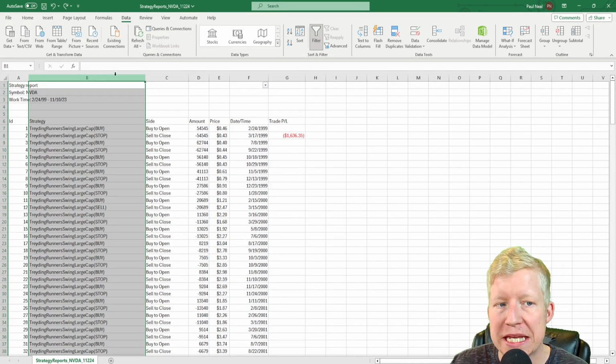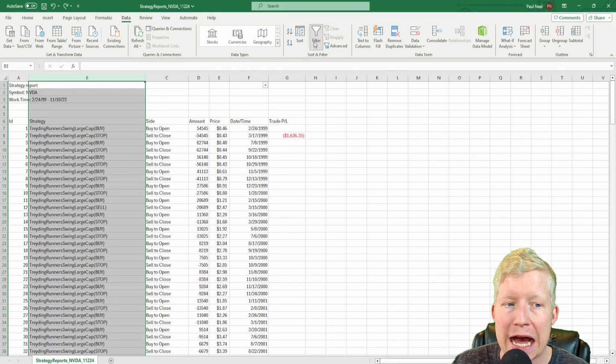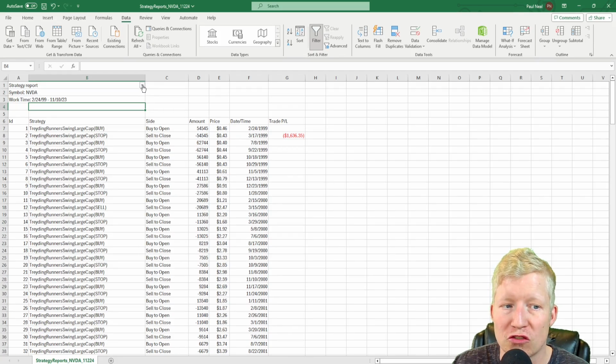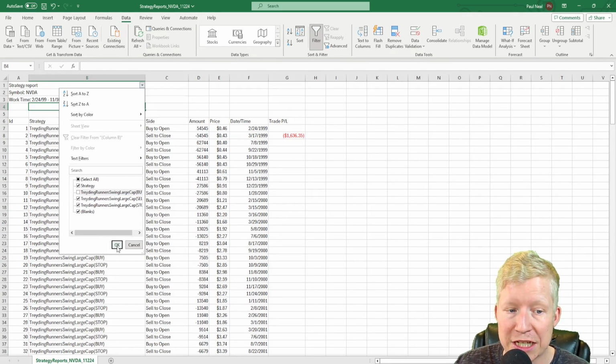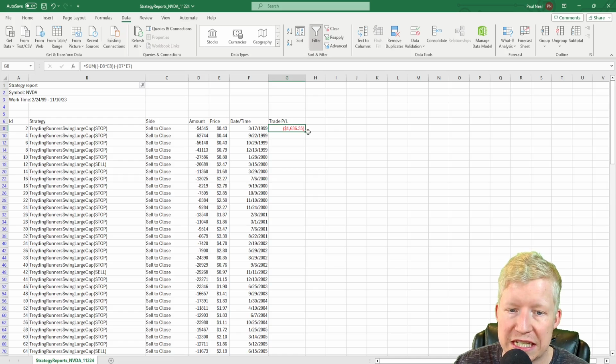If I click on the B column and still under the data tab, I'm going to turn on filtering on this column. And that did nothing. I'm going to turn on filtering on this column, and I'm going to click on the filter, and I'm going to turn off the buy trades. I don't want to see any of the buys, only the sells.